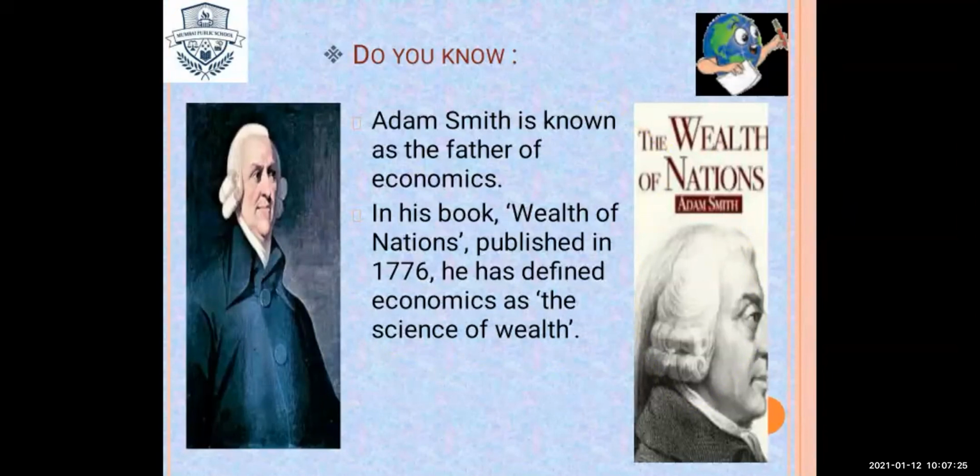In this book, Adam Smith has explained that science is managing in a very systematic way. In a scientific way, the wealth is being systematically managed. Wealth means money, so definitely it is the management of money. In this book, he has explained this.